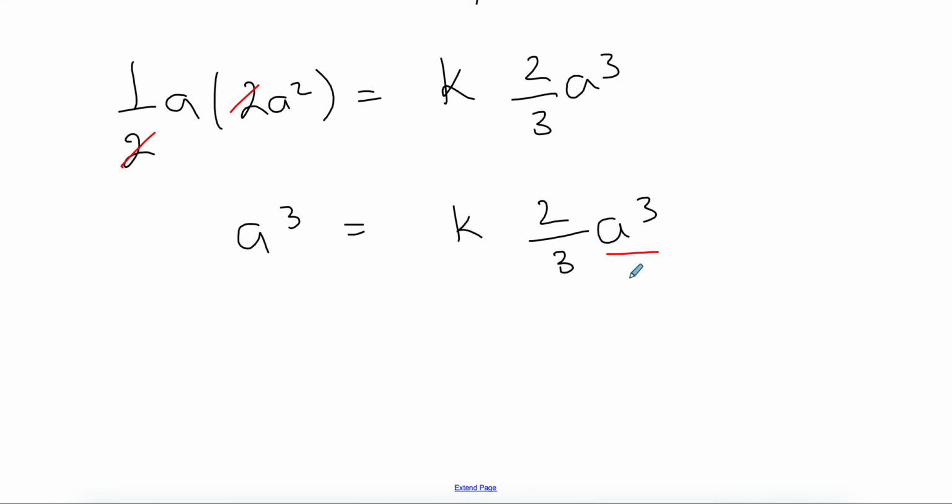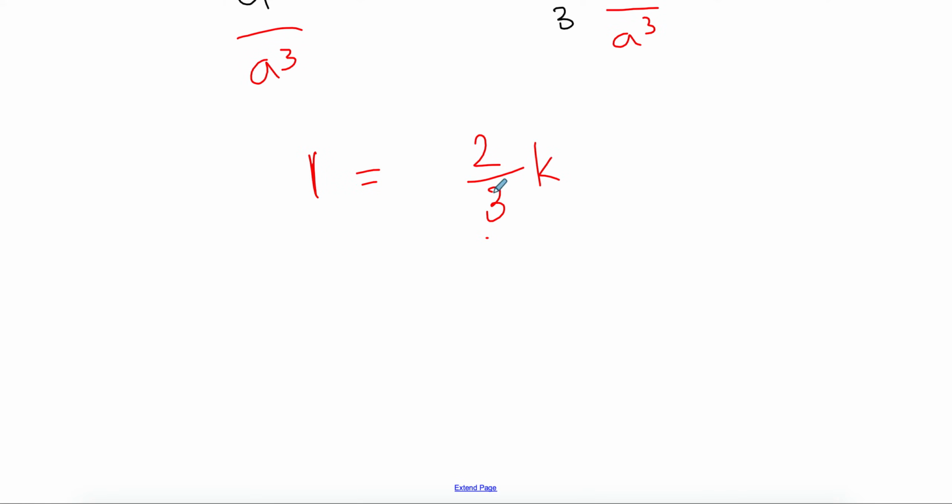If I divide by A cube on both sides, they both cancel out, so I end up with a 1, not a 0. Please be careful here. And 2 over 3K, obviously it makes much more sense to write 2 over 3K. Which means that if I just reciprocate this to the other side, so I get K is equal to 3 over 2.